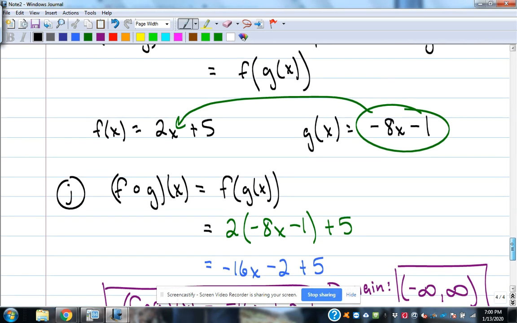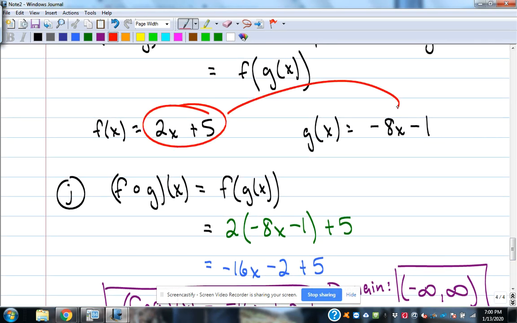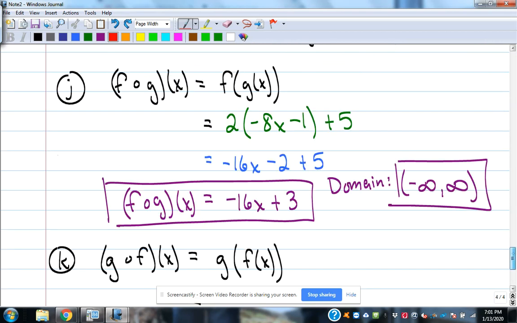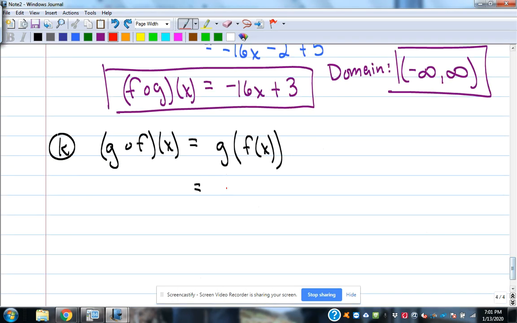We're taking those two functions up here and we're taking this one and putting it in the place of x right there. That's what that means. That's going to be negative 8 parentheses 2x plus 5 minus 1.